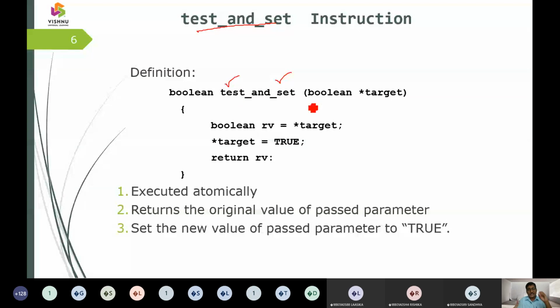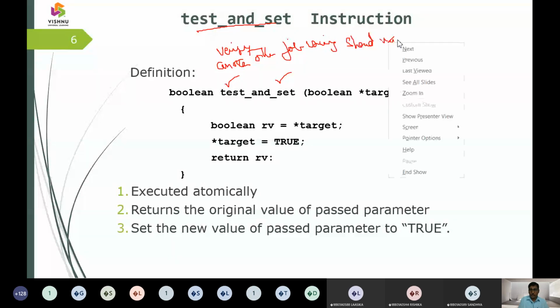Testing means it checks whether any other job is using the shared variable. So verify any other job using the shared variable.